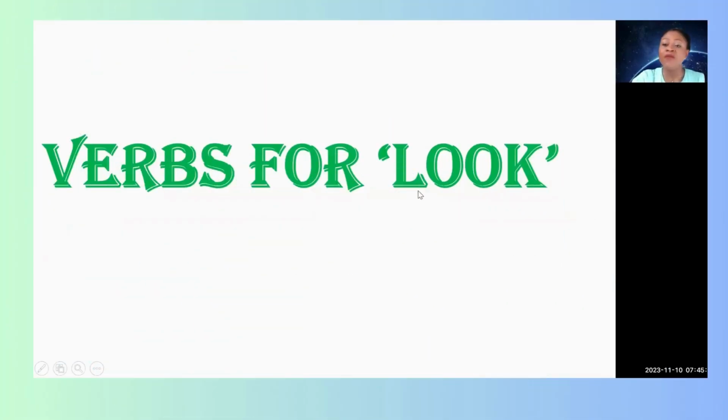So in our lesson today, we will be talking about verbs for look. There are other verbs that you can use to replace the verb look in your conversation.